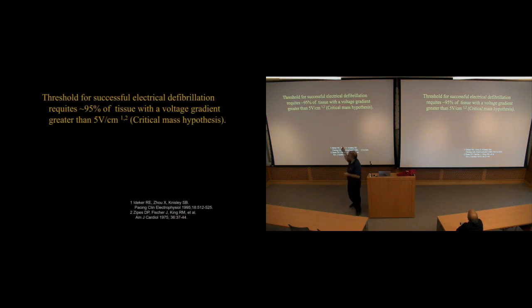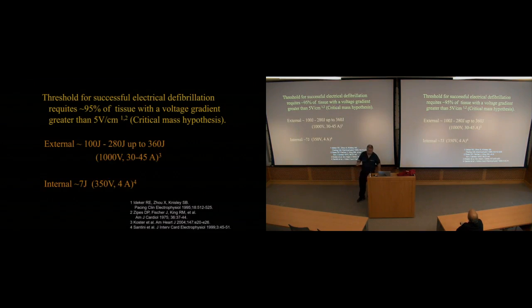And that transforms, whether it's internal or external, to about 100 to 360 joules, which is 1,000 volts times 30 to 45 amps, which is a lot. This is very, very strong. And if it's internal, you can go to 7 joules, but still 7 joules is a lot. Even the amount of energy you require to move a muscle is 0.01 joules.